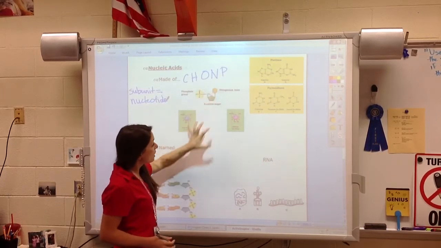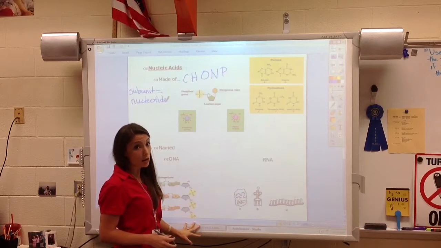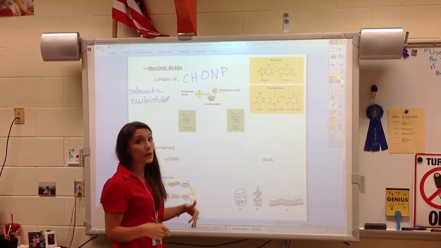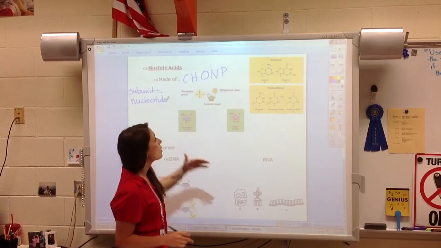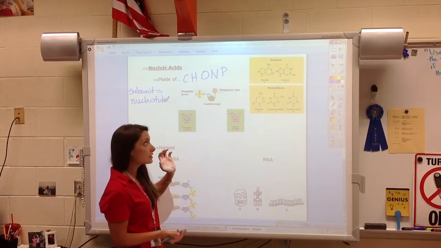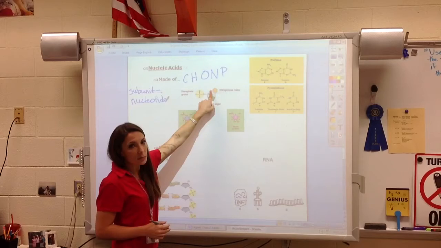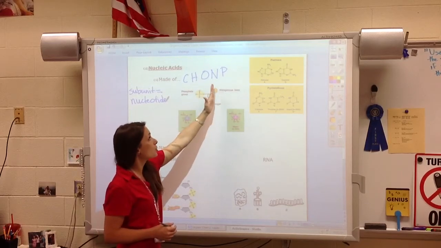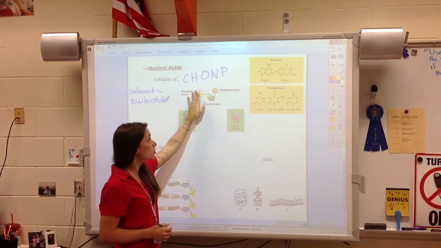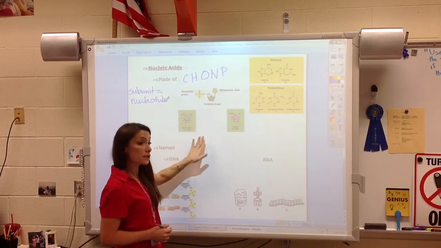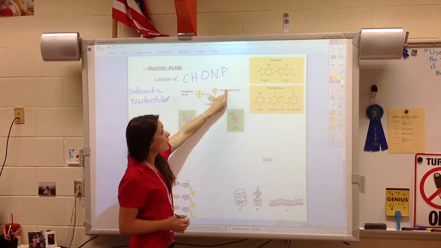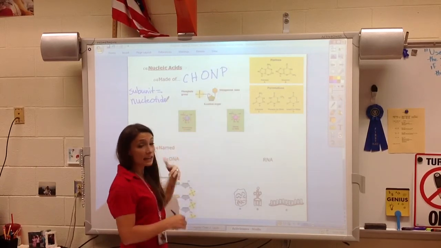And when we start putting these together to form a polymer using DNA polymerase, the enzyme, or RNA polymerase, the enzyme, we see that these 3 parts really come into play because they're going to form a sugar phosphate backbone, sugar phosphate, sugar phosphate, sugar phosphate, with these nitrogenous bases hanging off.